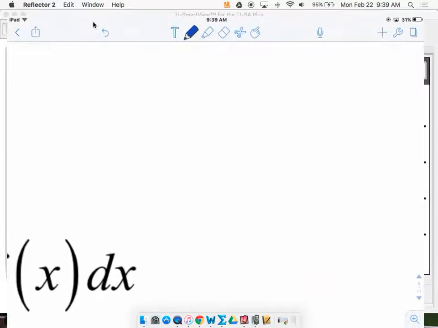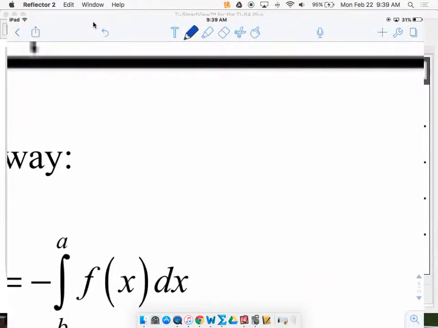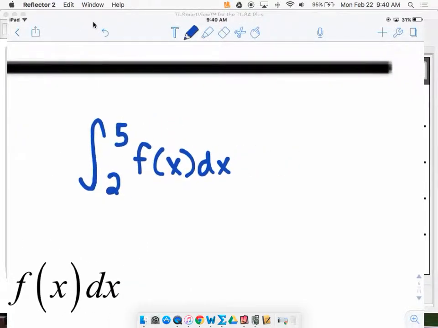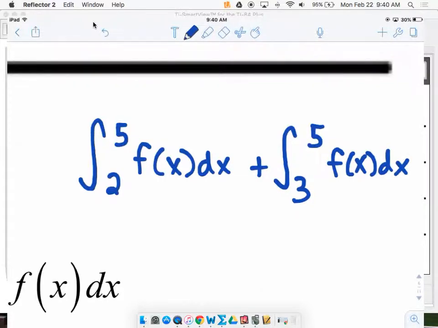So we'll look later, you'll see, say you have 2 to 5, and then another integral.